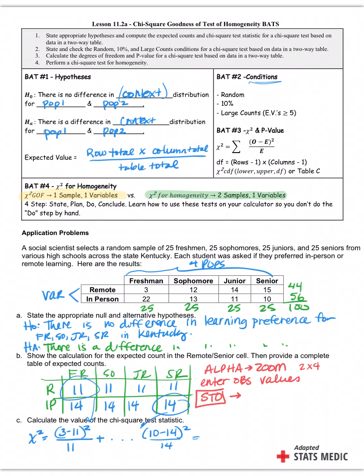If you hit stow, we're going to name it matrix A. The way to get there is we're going to hit second and look for the button that looks like this, x to the minus 1. That's the matrix menu. And then hit enter. Hit enter to save it, and all it's going to do is repeat the values that you just put in there. We okay? It's a lot of keystrokes, I know, but once it's in, it's no biggie. It stores it as matrix A.